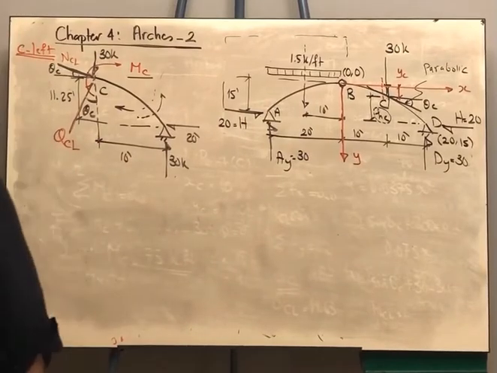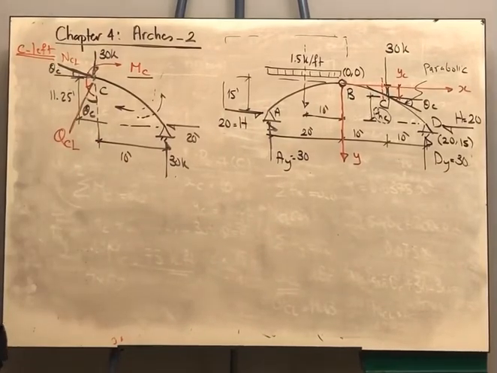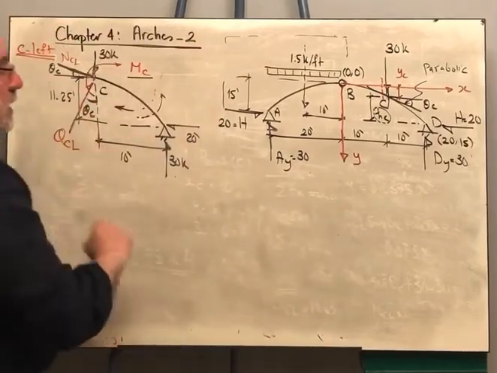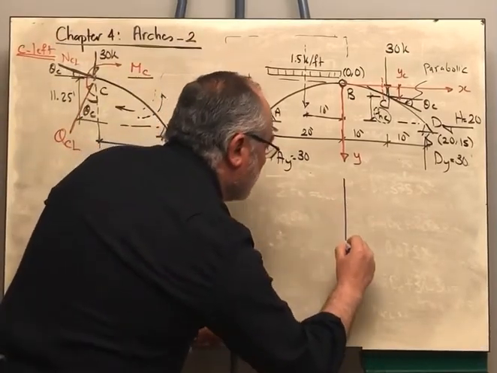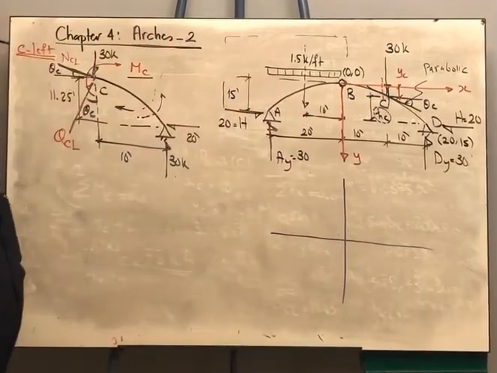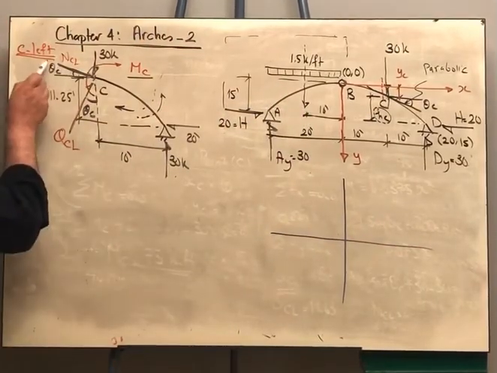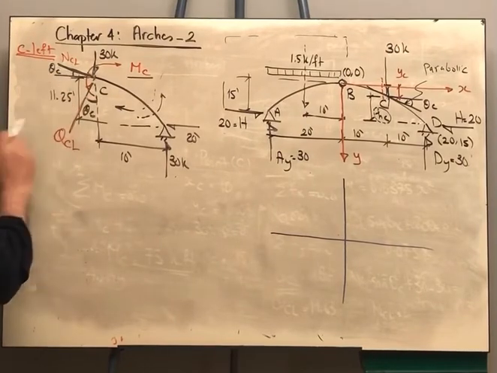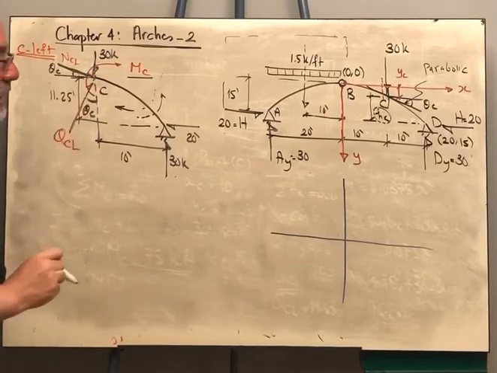Okay. I will draw here the vertical. Now I'm looking at this free body diagram. I'm going to draw the vertical axis and the horizontal axis. Okay? And then the tangent to the arch, which is inclined at an angle theta c, and the normal to the tangent to the arch.